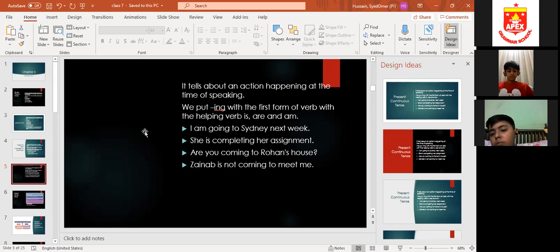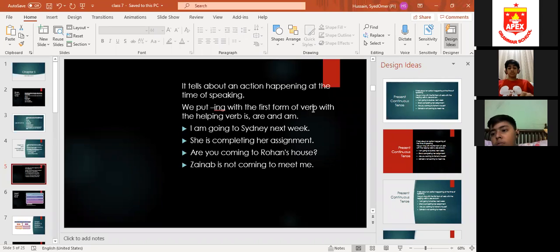So going, helping, coming, writing, reading, learning, swimming, jogging, these are all continuous verbs. Come will become coming, read will become reading, swim will become swimming, go will become going, sing will become singing, help will become helping.